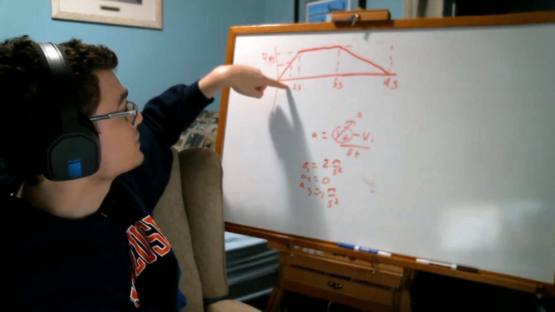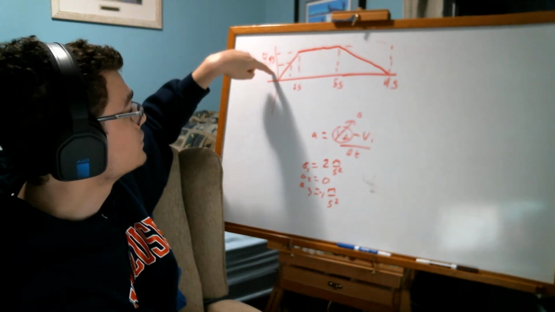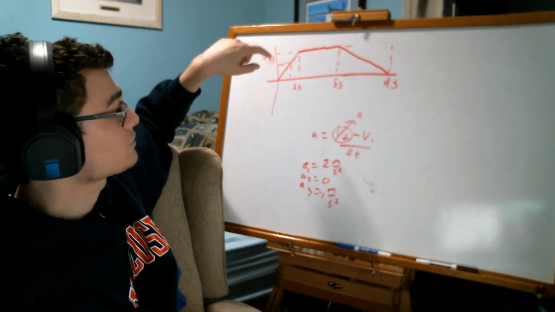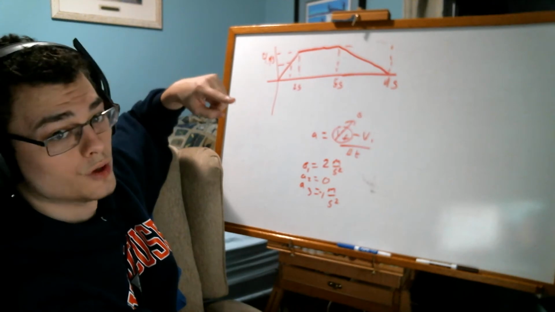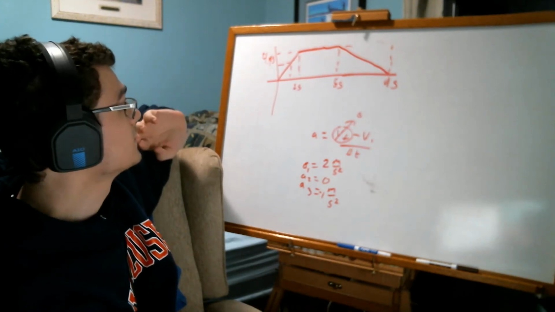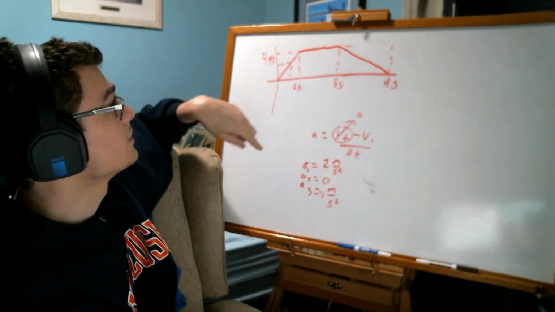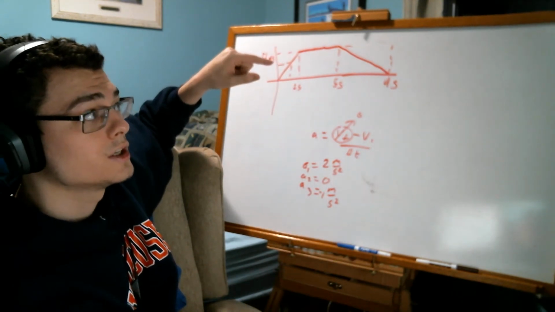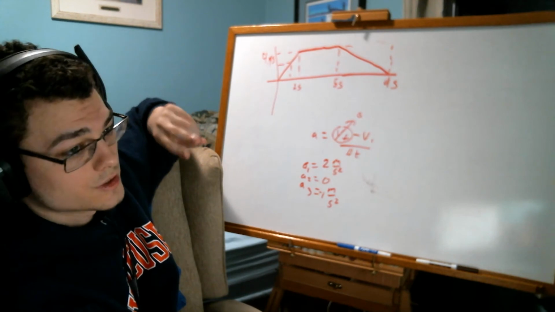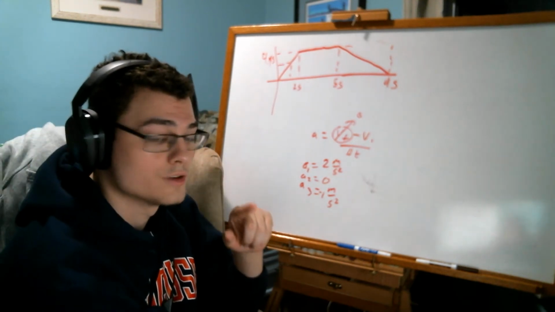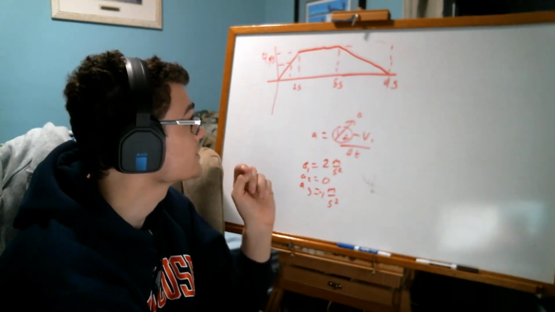And so the base is going to be 1 times 2 divided by 2. So that's going to be 1 meter that he travels in the first second. And then here you can see that this is going to be 2 times 2 divided by 2. So that's going to be 2 meters in the second. So then that puts him at 3 meters that he has traveled within the first 2 seconds.